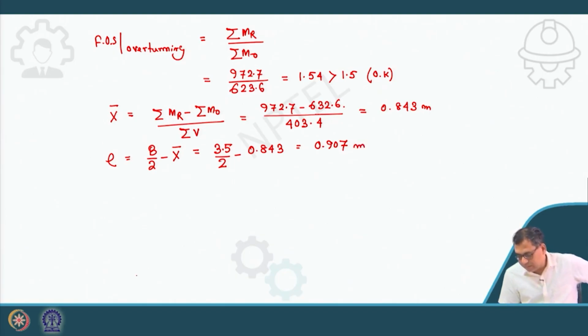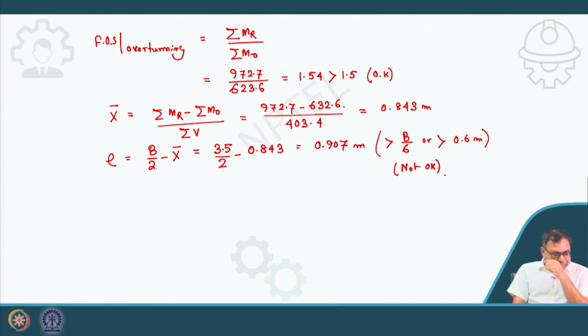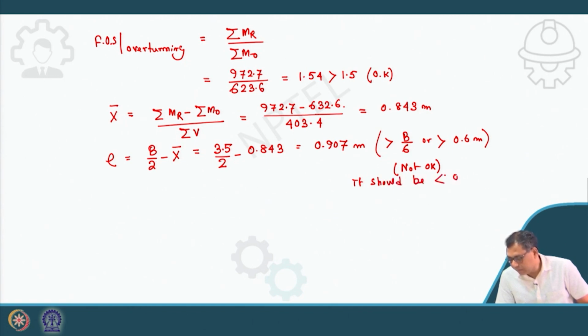Okay. So, that means it is greater than B by 6, or greater than 0.6 meter. So, it is not okay. It should be less than 0.6 meter.